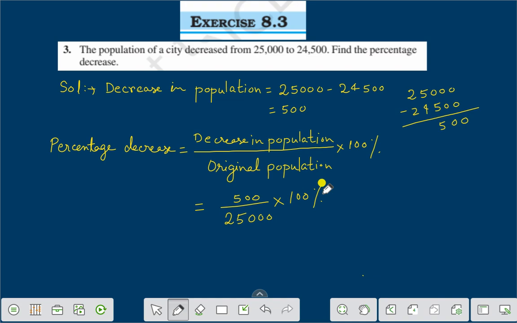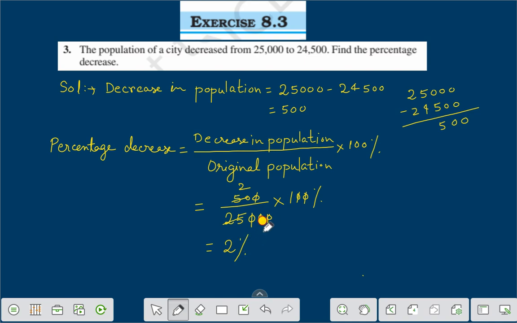Okay, now I'll change into lowest term, that is this 0 will cut, this 0 will also cut, and this 0 will also cut, right? Now 25, this is 50, that means 25 1 is 25, 25 2 is 50, that means percentage decrease is 2%.